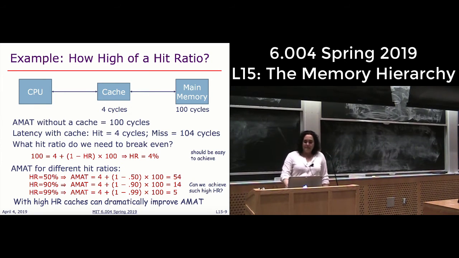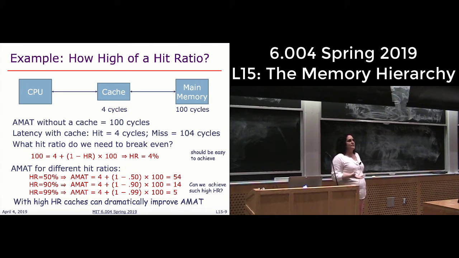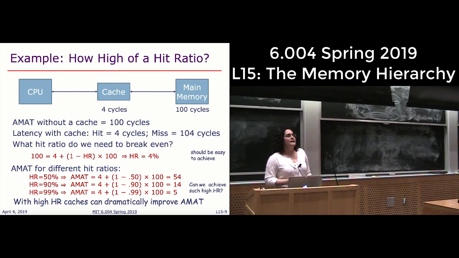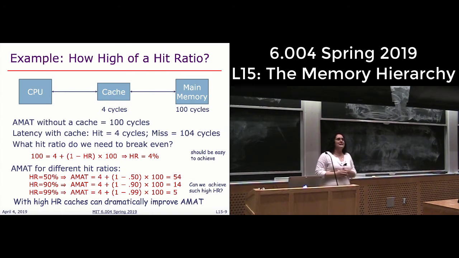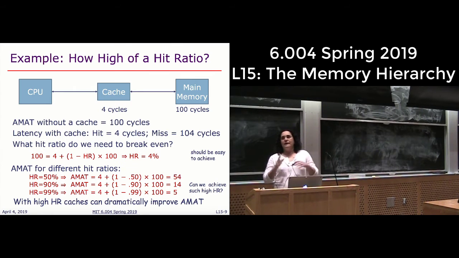Okay? Well, so then you might ask yourself, well, can we actually achieve such high hit ratios? And it actually turns out that we can. So for the first chunk of that, let's say about 80%, getting to an 80% hit ratio, just having hardware that implements a cache will basically get you there. And so by introducing this new piece of hardware, our cache, we're already able to increase our performance significantly.